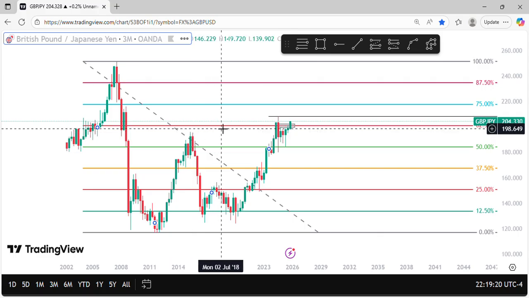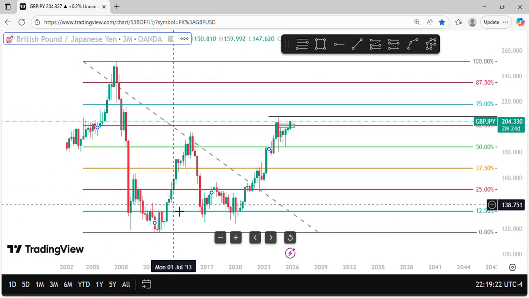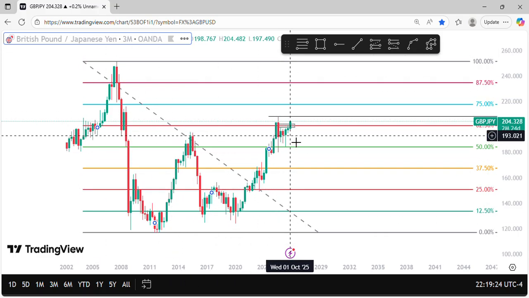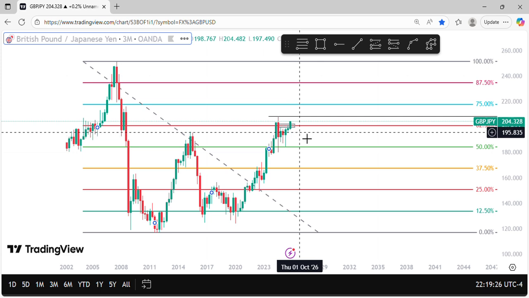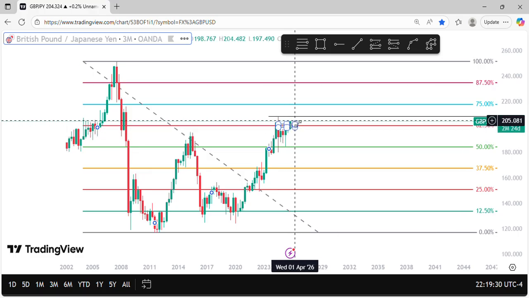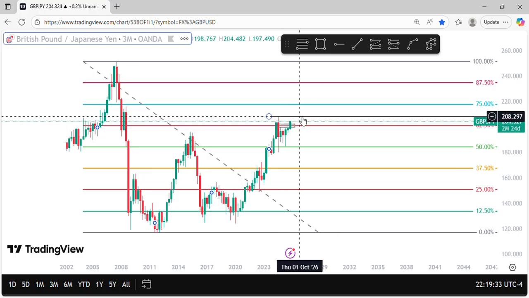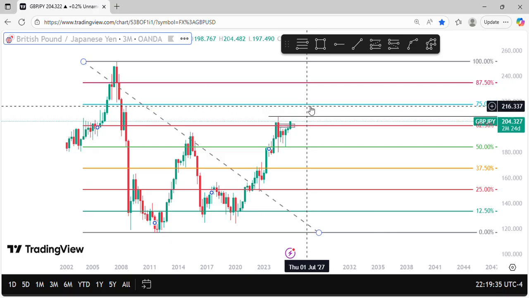So now when we look at this 3 months range, what do we see? Where do we think price is going? That's all we need to do. We see that price would like to target this high and then possibly reach this 75 level. Why?